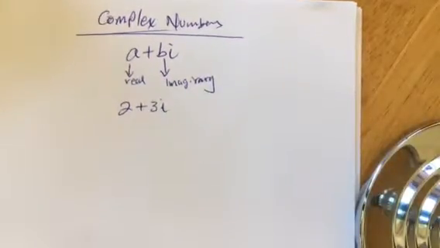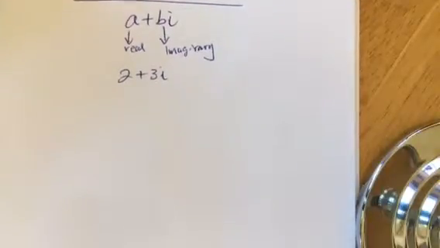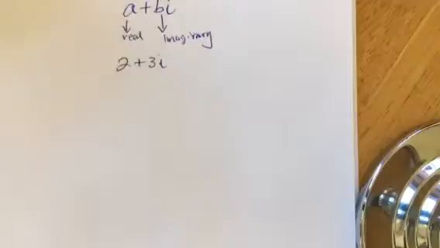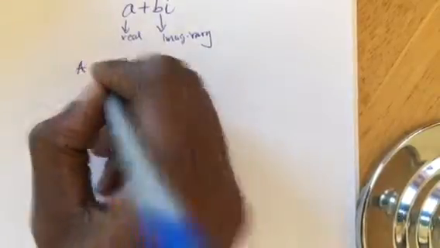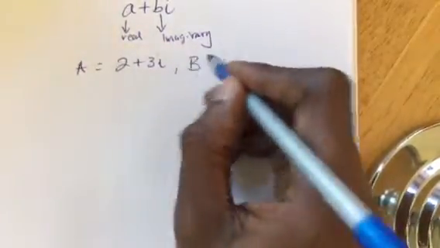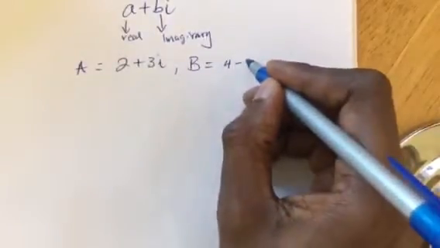So in this video we'll do some operations: how to add, subtract, multiply and divide. So let's say we have A equals 2 plus 3i, and then let's say B equals 4 minus 2i.